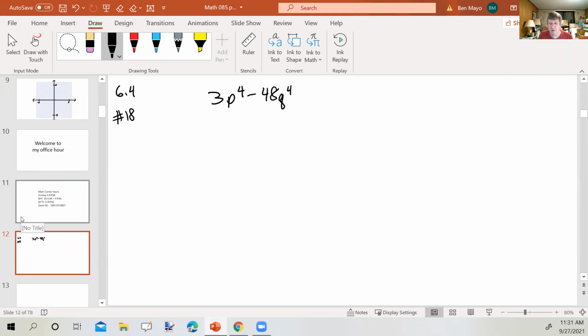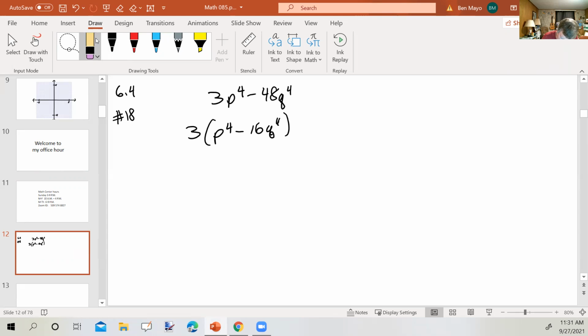Well, the first thing we can do is take out a greatest common factor of 3. So taking out a 3, we get p to the 4th minus 16q to the 4th inside. But what's inside the parentheses is the difference of two squares.